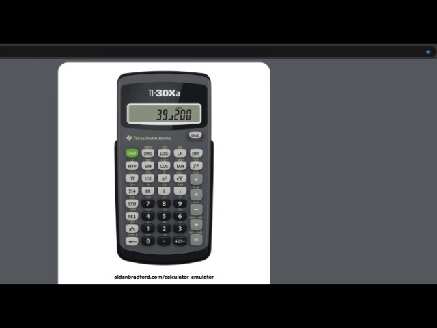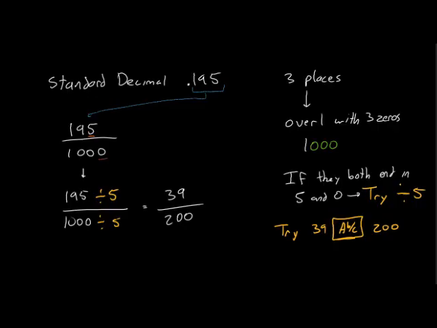The fraction that we ended up with when we divided by 5 is also our lowest terms fraction. And so 39 over 200 will be our final answer.